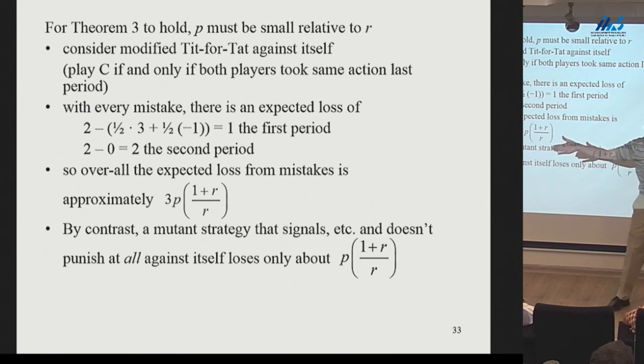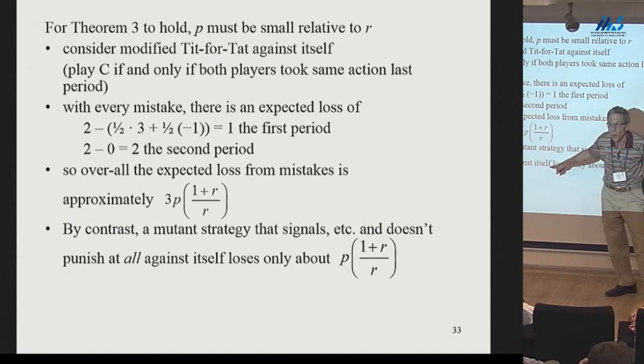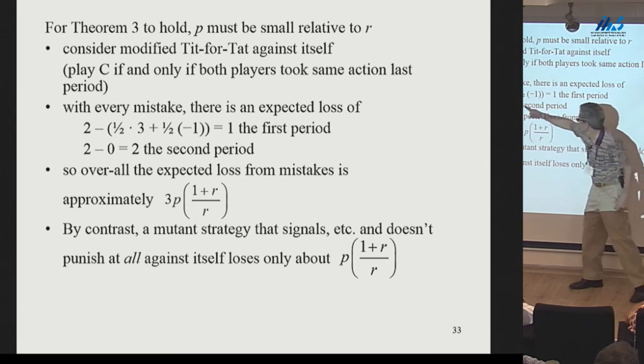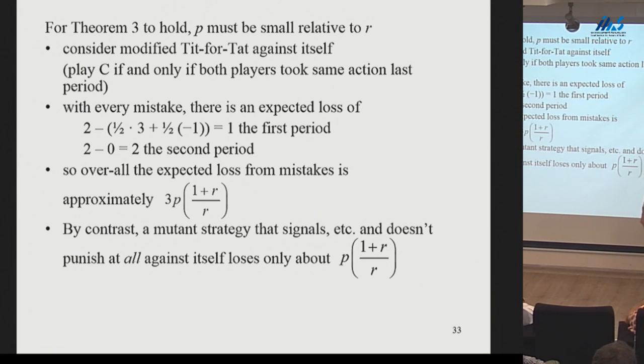But once it gets a favorable response from the other player, it never punishes at all. So it doesn't have this second period punishment. Well, the loss that this strategy incurs against itself is lower.